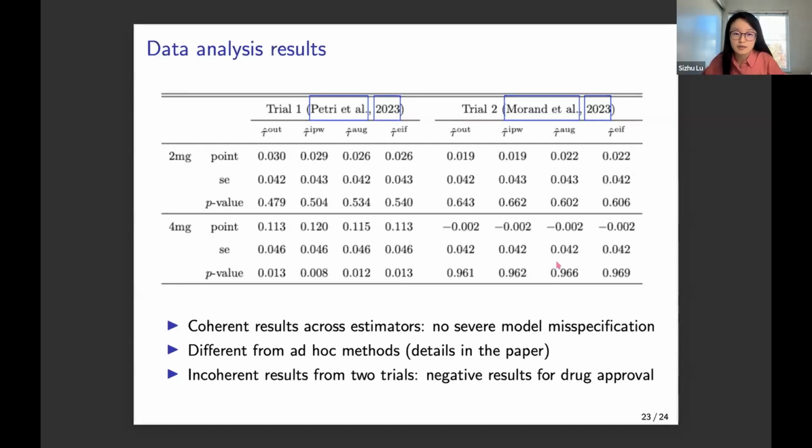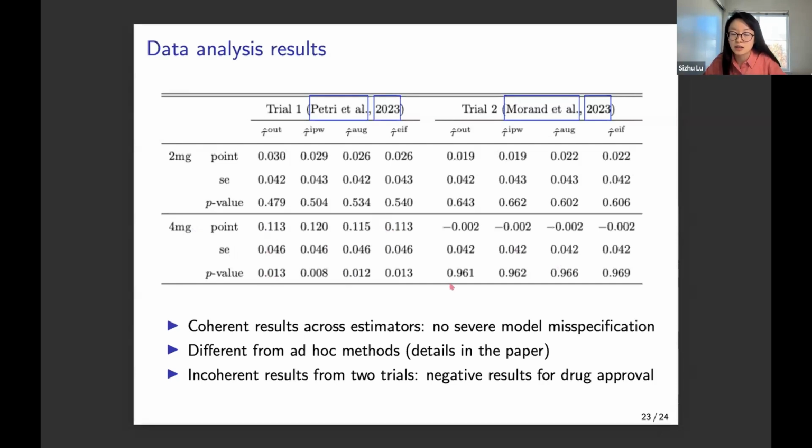Another scientific finding is that we have incoherent results from the two trials. For example, if you look at the 4 milligram treatment arm, we can see there is a significantly positive treatment effect, no matter which estimator we are using.